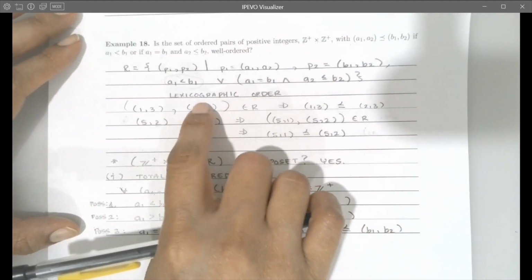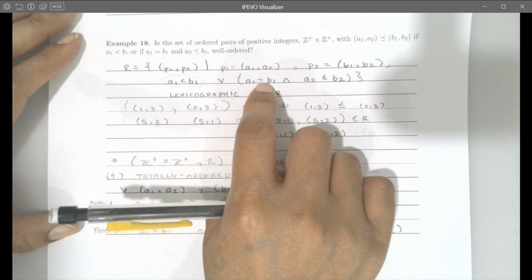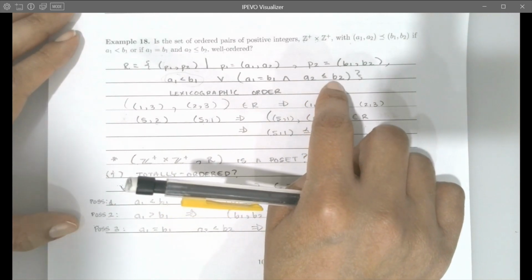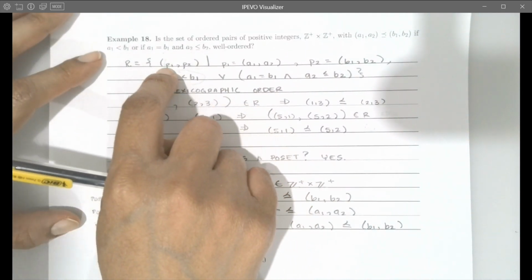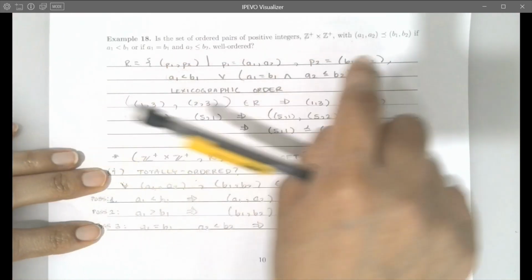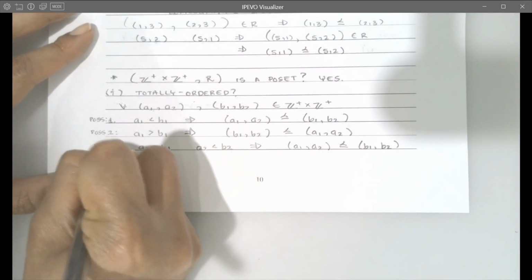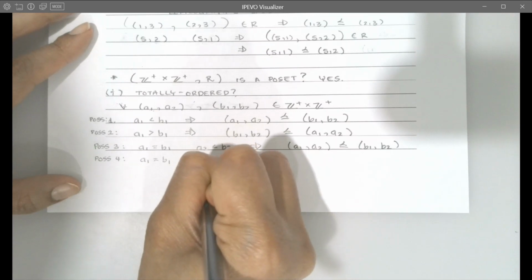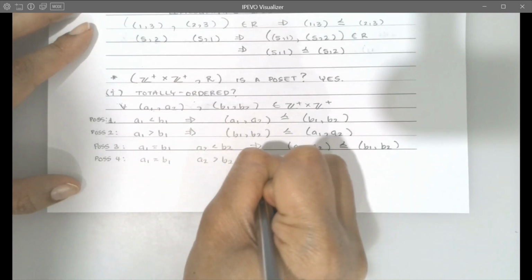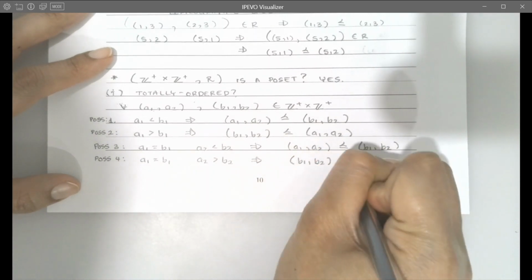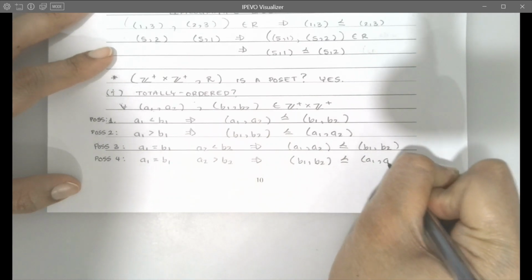Because according to the lexicographic order, if A1 equals B1 and A2 is less than or equal to B2, then the first pair precedes the second. The fourth possibility is that A1 equals B1 and A2 is greater than B2, in which case B1, comma B2 will precede A1, comma A2.